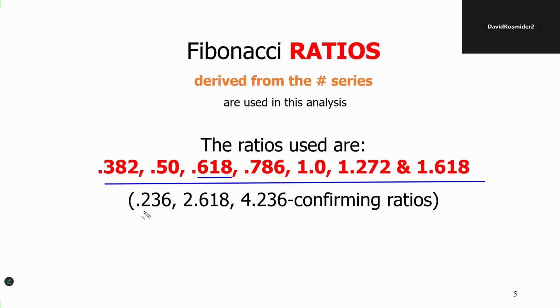Now, also, if I have a very long, strong swing, I will sometimes use 23.6. I use 2.618 as my target three for my trend trade setups. And then every once in a while, you get a really big runaway market. Sometimes I'll just run that 4.236. I know it sounds crazy, but if you apply it, you will also see where the market will turn around at that ratio. I don't use it very often though.